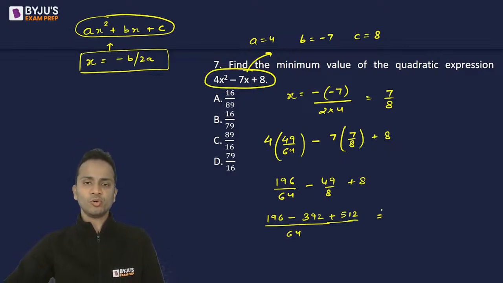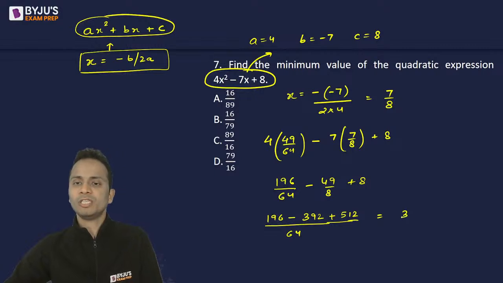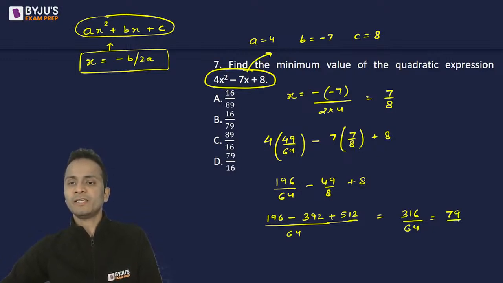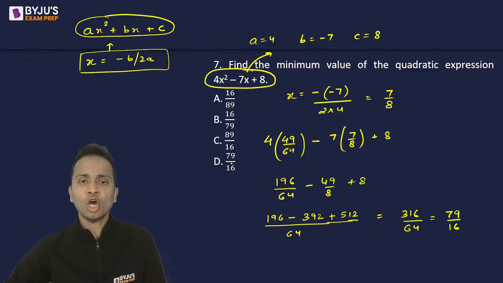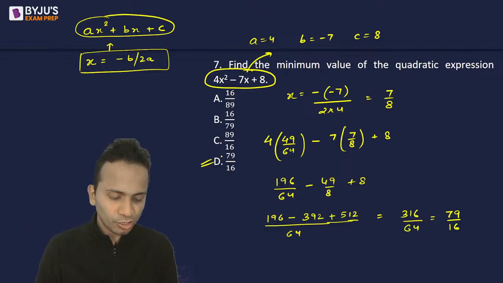Okay, so minus 196, 512 minus 196, 316 upon 64. Cancelling out 4, it will be 79 divided by 16. So 79 divided by 16, option D is the correct answer of this question.